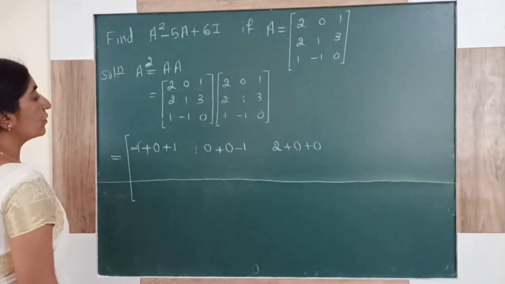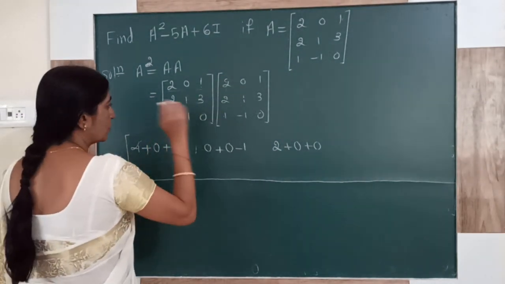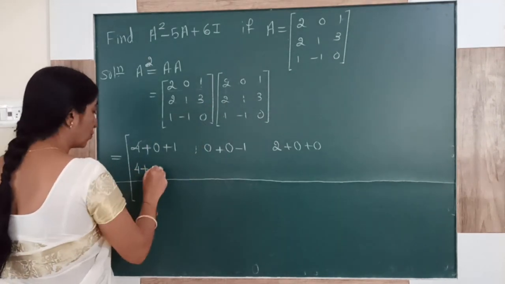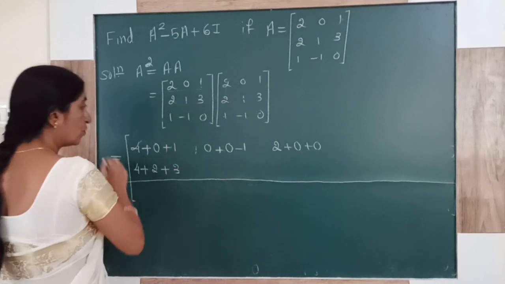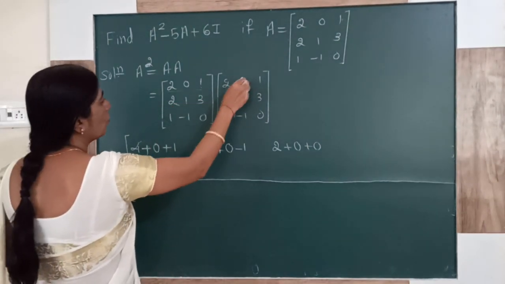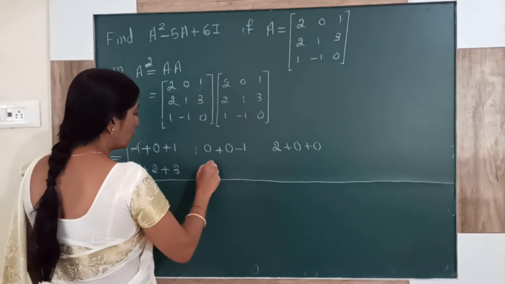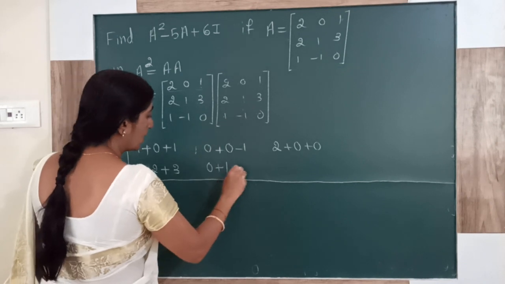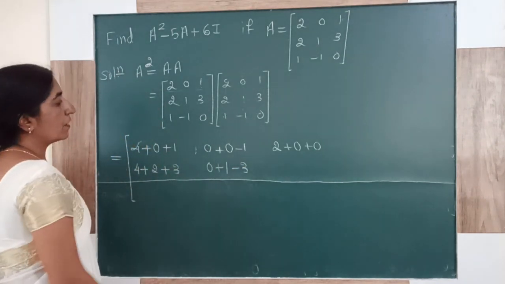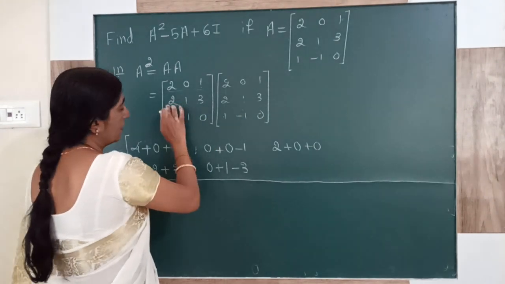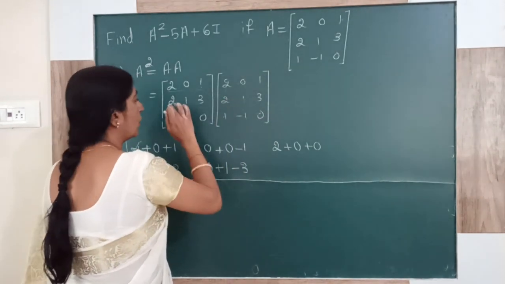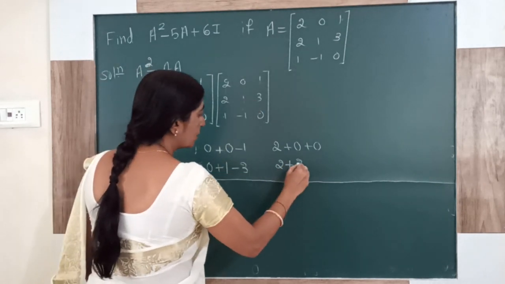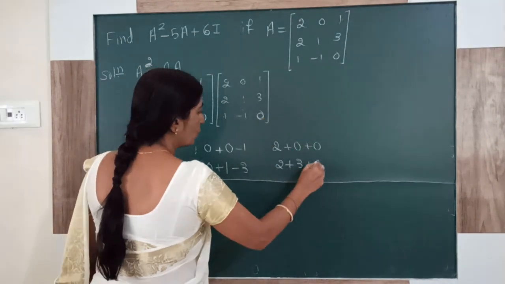After that, moving to the next one, second row with first column: 2 into 2 is 4, plus 1 into 2, plus 3 into 1. Then second row with second column: 2 into 0 plus 1 into 1, then 3 into minus 1 will be minus 3. I hope you are getting the steps. Then second row with third column: 2 into 1 corresponding element, plus 1 into 3, plus 3 into 0.